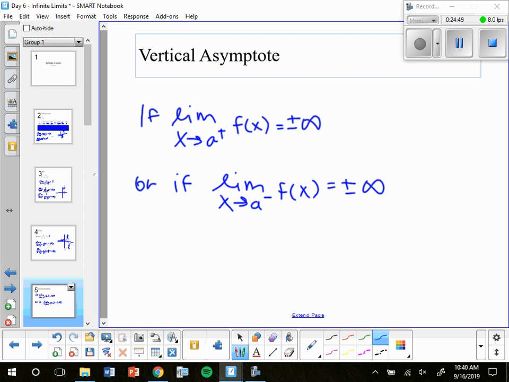So as I approach a from the right, if I'm going up to positive infinity or down to negative infinity, or if I approach from the left, I'm going up to infinity or down to negative infinity, then what is happening at a? There's a vertical asymptote. The vertical line x equals a is a vertical asymptote.